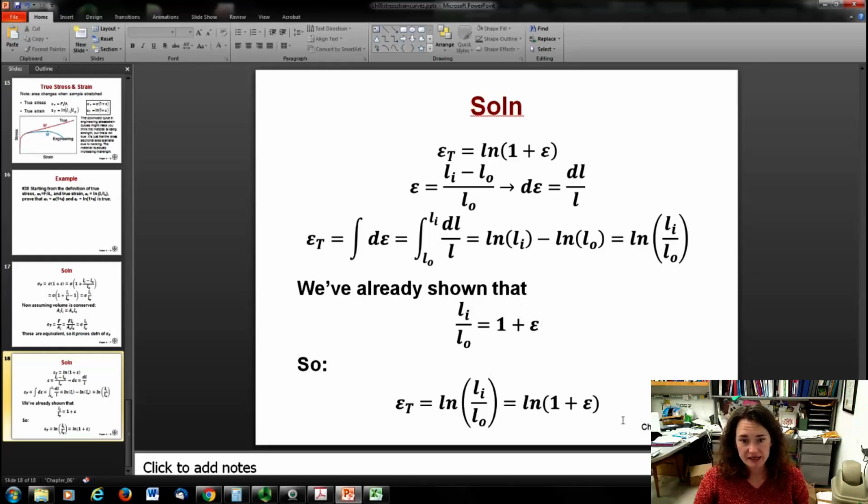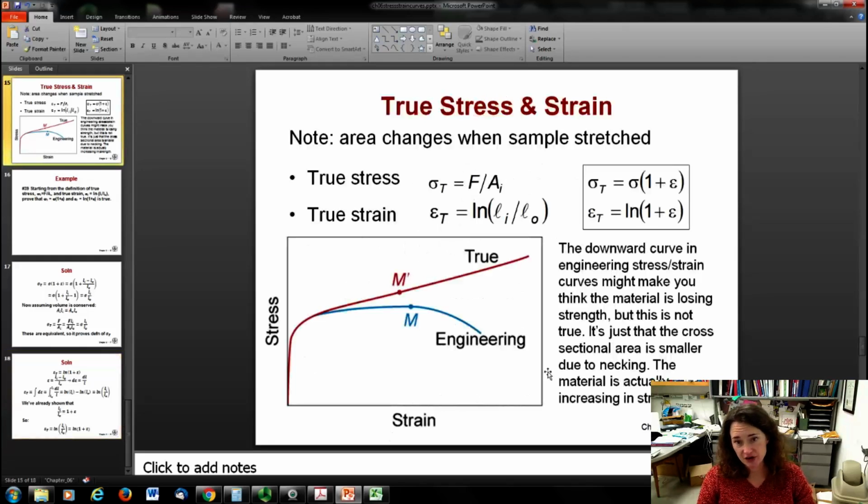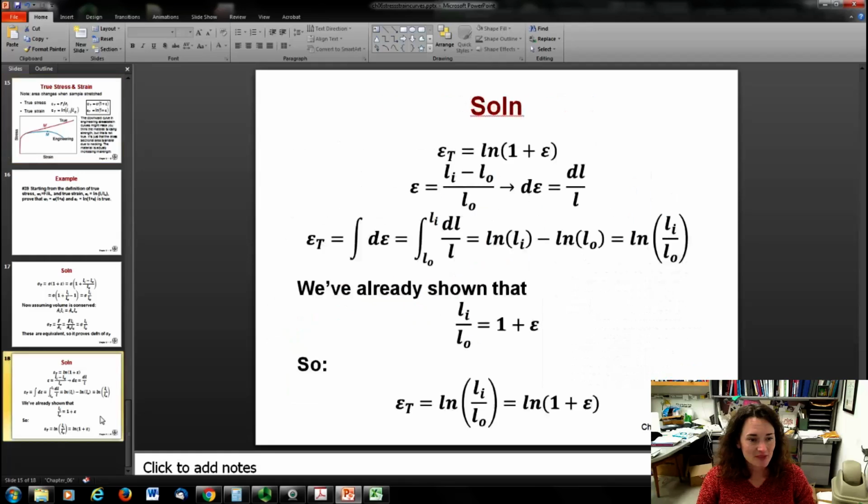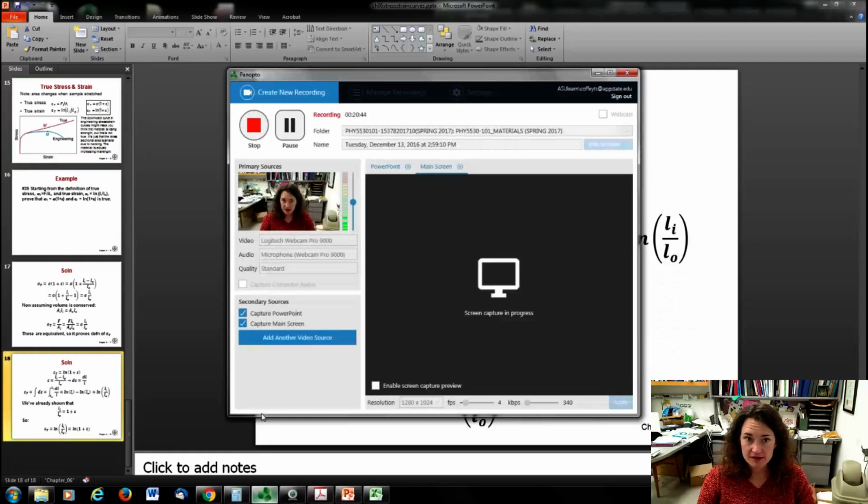So if I plug that in, then I get epsilon true is equal to the natural log of Li over L naught, which is equal to the natural log of 1 plus epsilon. And I'm done. Okay? So it's not very difficult to convert an engineering stress strain curve over to a true stress strain curve, and you'll do that for homework. So thank you. Let me know if you have any questions, and I hope you enjoyed it.